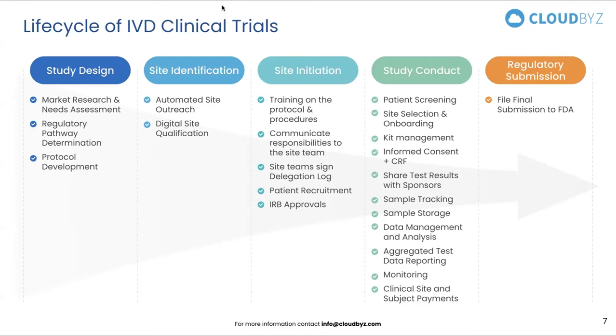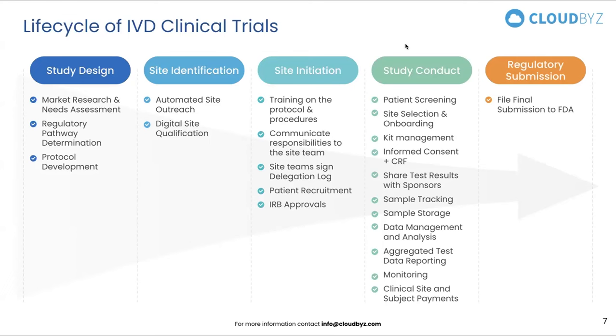Yes. Sure, thank you. Okay, so moving to the next step of the life cycle, which is site identification. Now, with the study design in place, we are going to start identifying the potential sites which can take up the trials.